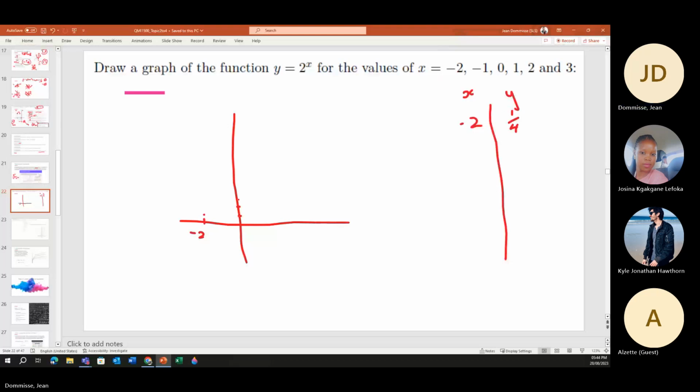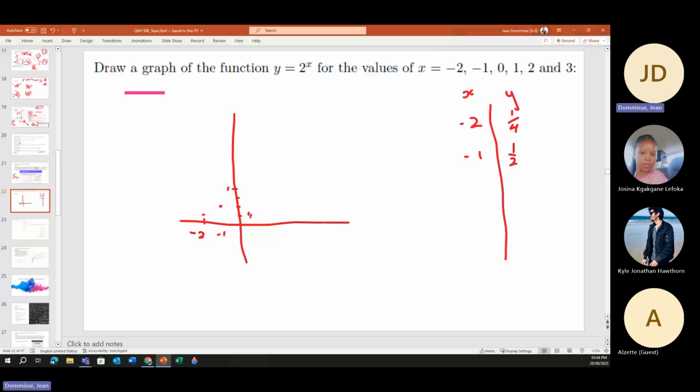Let's say that is only 1. So that will be the point. If I have -1, then 2 to the power of -1 is 1/2. So -1 and probably sitting there.